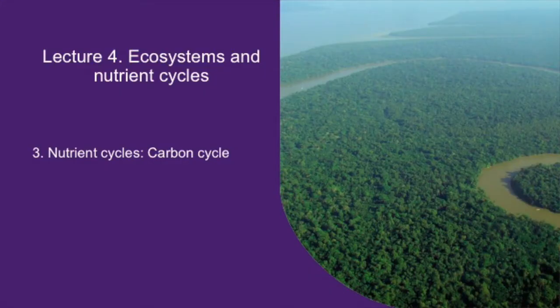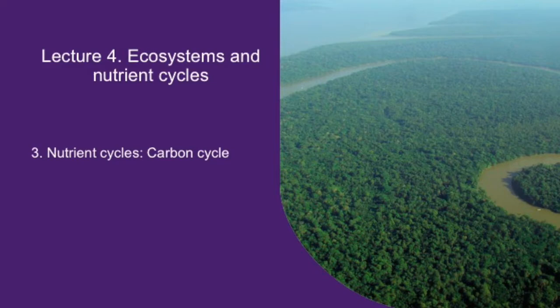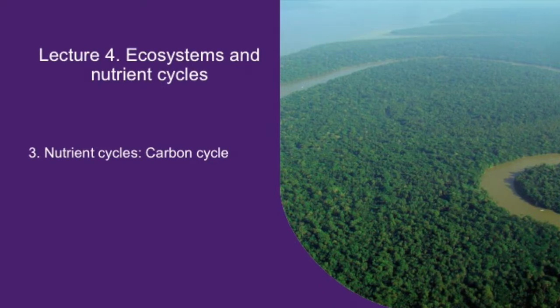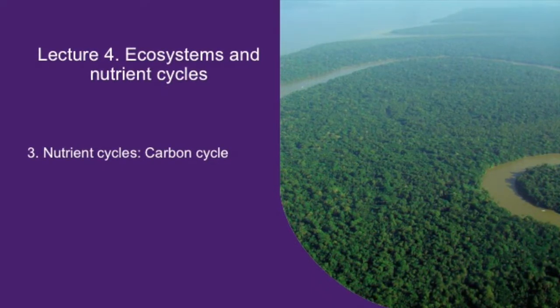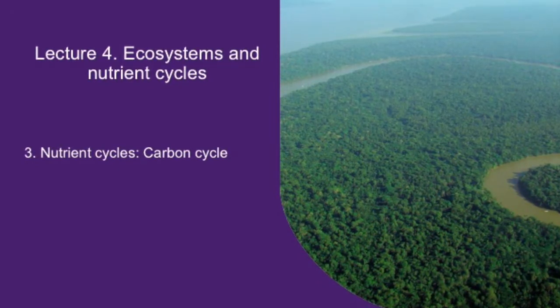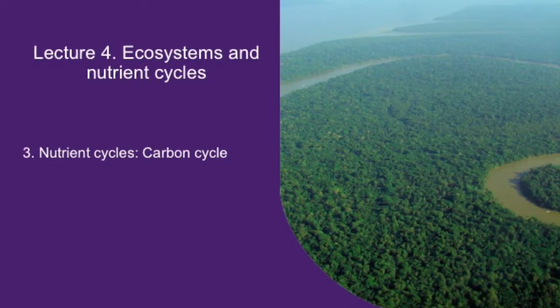We're going to start discussing now the human alterations of the carbon cycle. In our previous discussion, we learned that the majority of the carbon is stored in the oceans. But there are some other carbon storage in the atmosphere and in the biosphere, right?